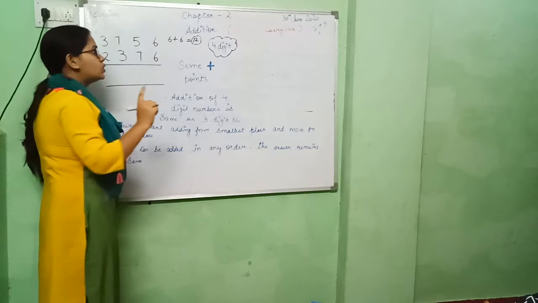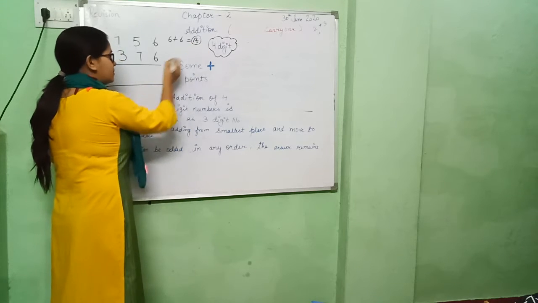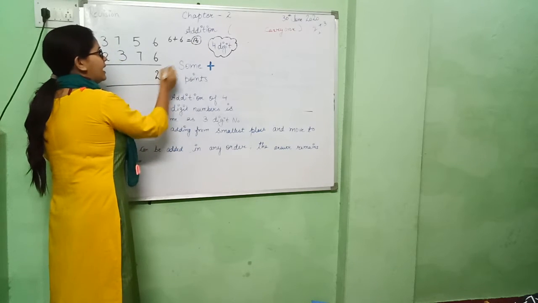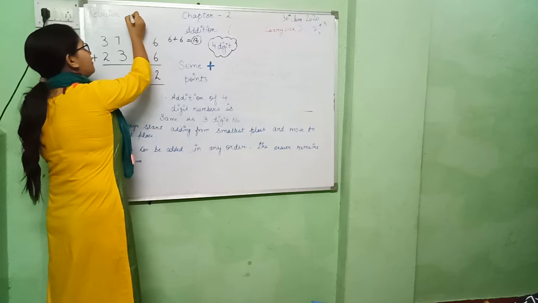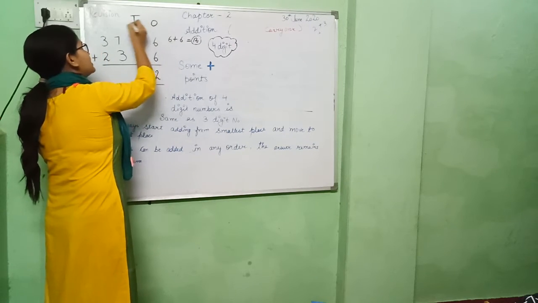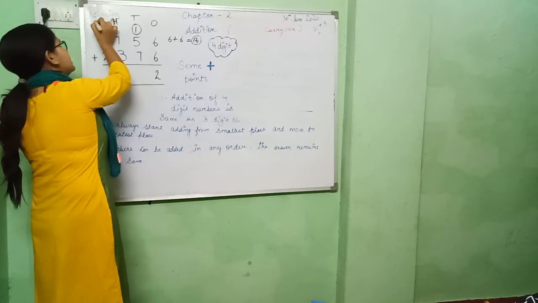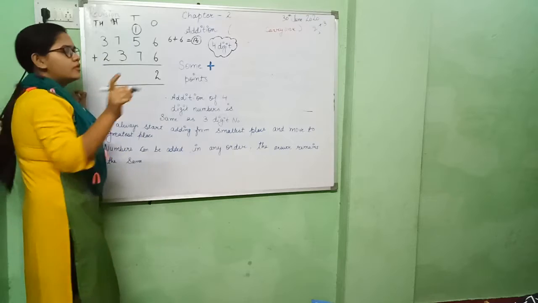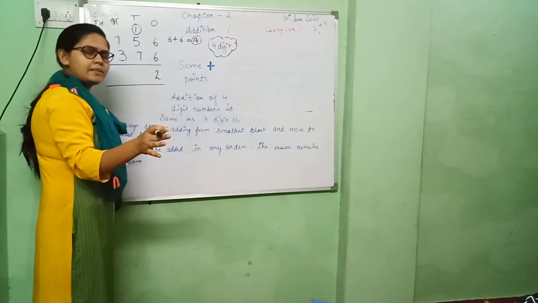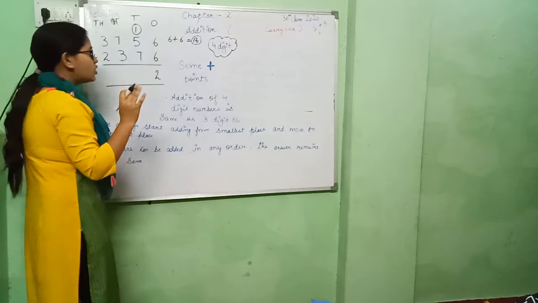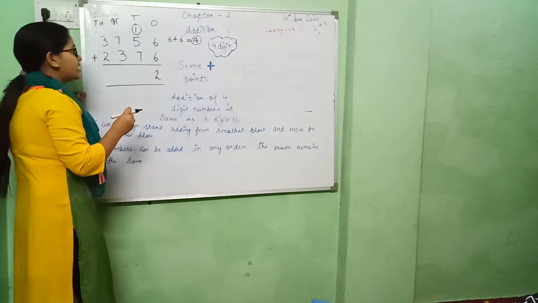So what we will do, we will take the ones, which means we will take the smallest number here, 2 will be here, and yes, 1 goes as a carry to the other number, right? This will go to tens. This is ones and this is hundreds, and yes, this one is thousands. So how will we take the carry? Please practice this sum at your home. So this way you will get easier with your addition sums, right?